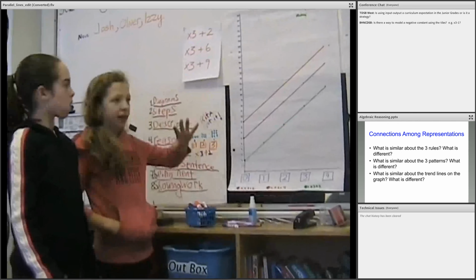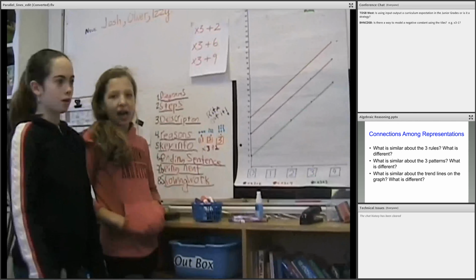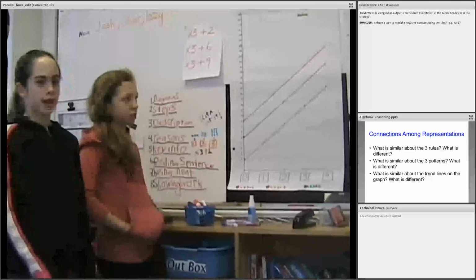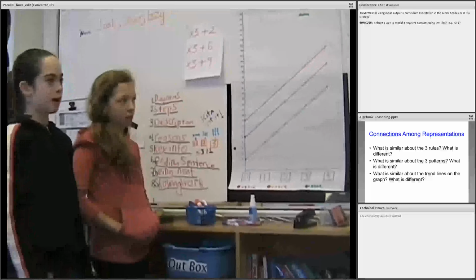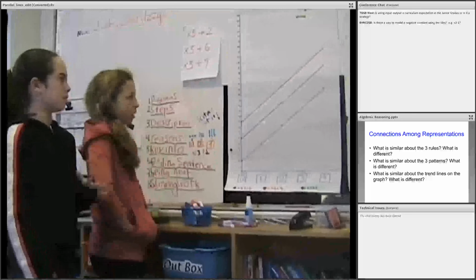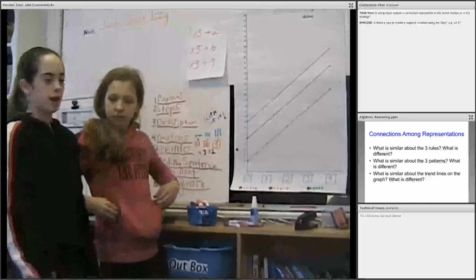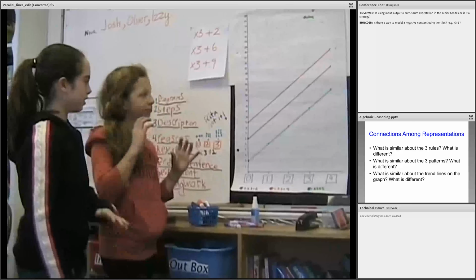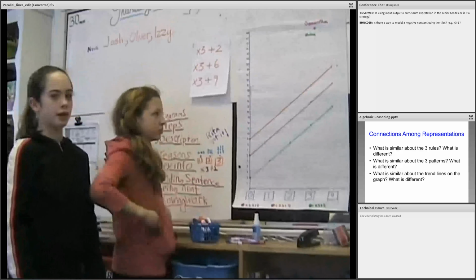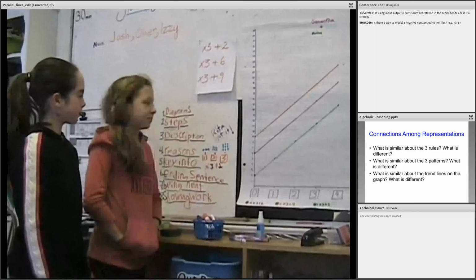Well, the lines are parallel to each other, and we knew that because the multiplication was the same. And we knew that multiplication equaled how steep it was, so we predicted that they would all be the same. They would be parallel, the same distance between them. But they would have different heights, because one's plus 9, the other's plus 6, and the other's plus 2.